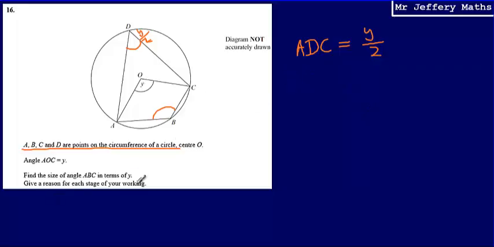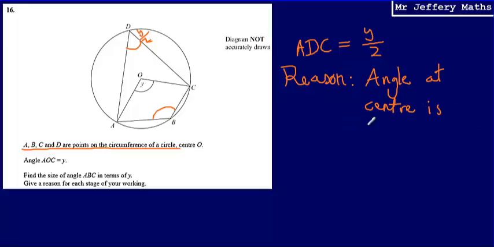And our reason, it says give a reason for each stage of your working. So the reason for this that I can write down is that the angle at the centre is twice the angle at the circumference.